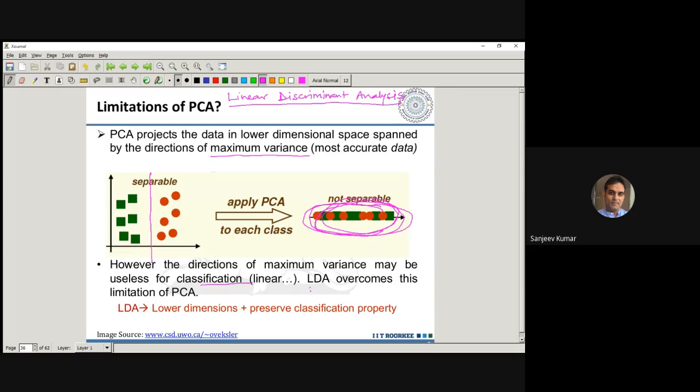Linear discriminant analysis overcomes this limitation of PCA. So what LDA will do, if your problem is linearly separable, whatever the complexity of separating the data in higher dimension, the same will be there in the reduced dimension. It will preserve the classification complexity in the lower dimensional space also.